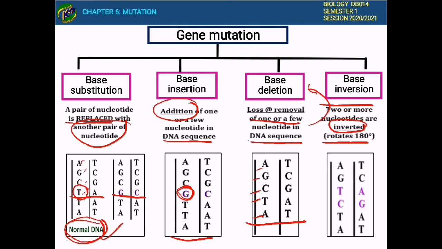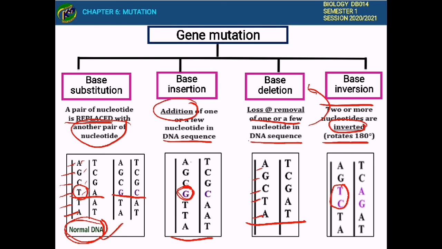For example, here we have A, G, T, C, T, A, and here we have A, G, C, T, A, T, A. For base inversion, T and C rotate together.